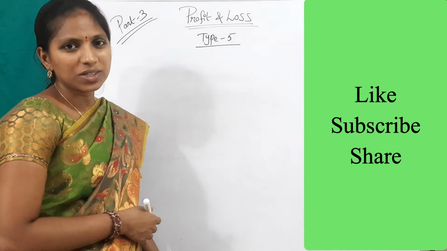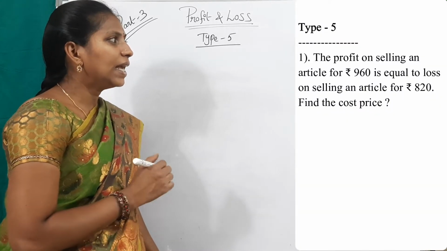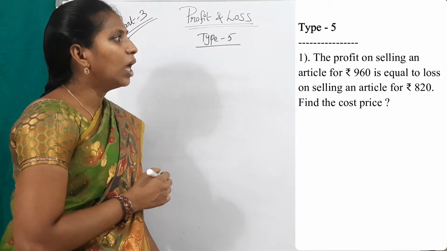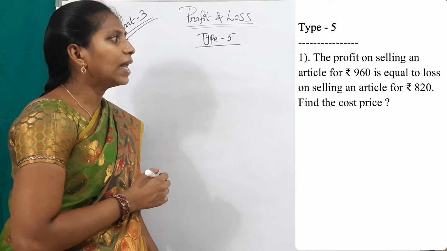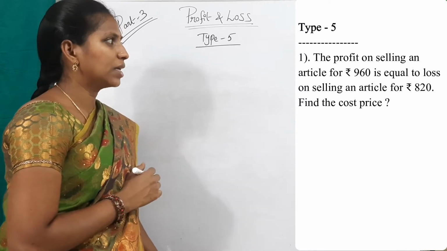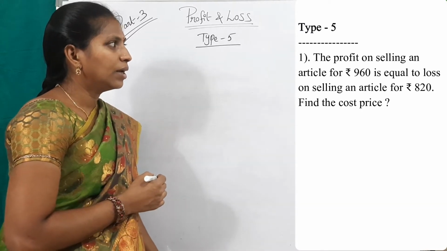Now see first question in type 5. The profit on selling an article for 960 rupees is equal to loss on selling an article for 820 rupees. Find the cost price. Here profit is equal to loss.